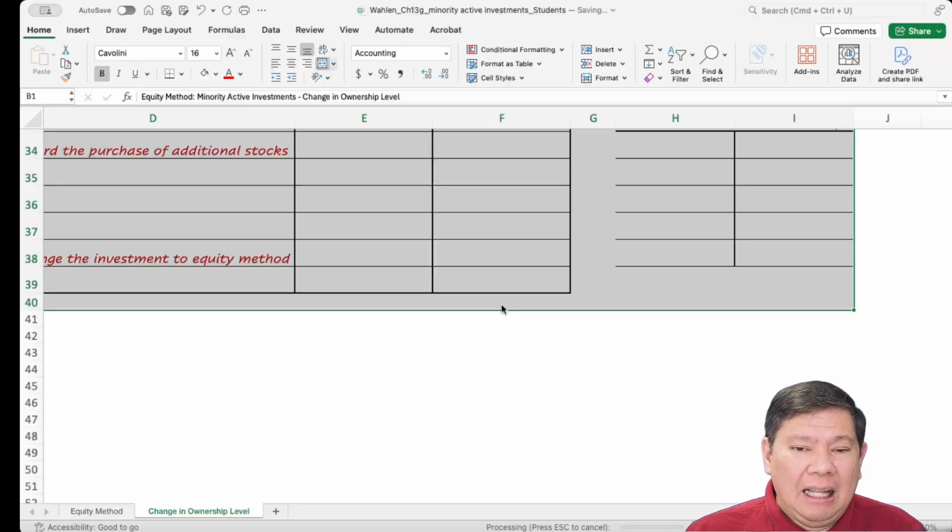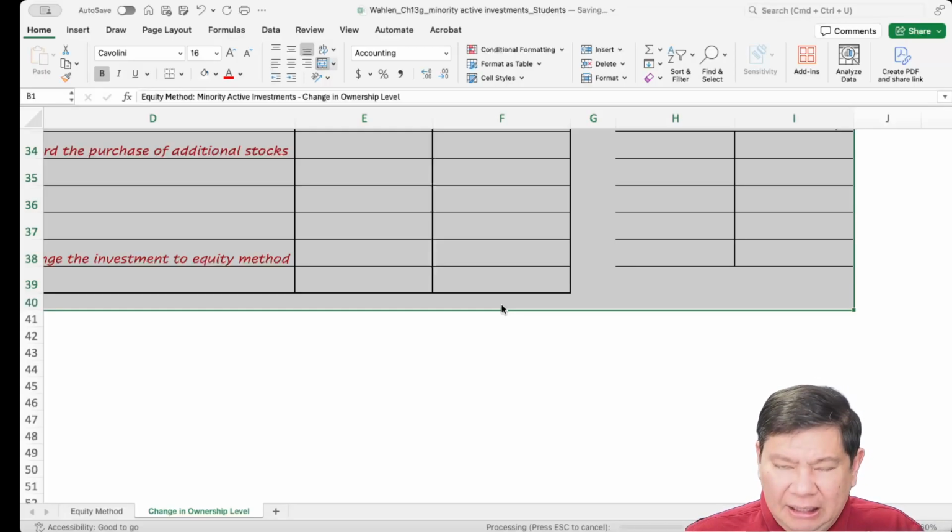So first, let's calculate the present value of the notes. The number is given here, but how do we get that? This is going to be 5 years, and the borrower's incremental borrowing rate is 12%. So if we look at the present value table, we find 12% and we find 5 years.